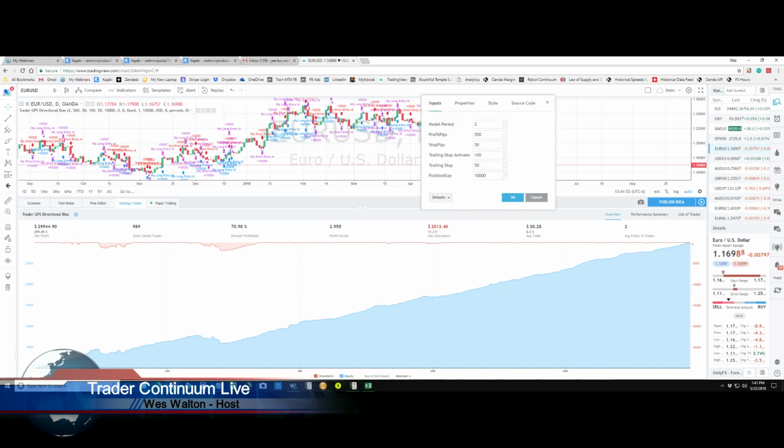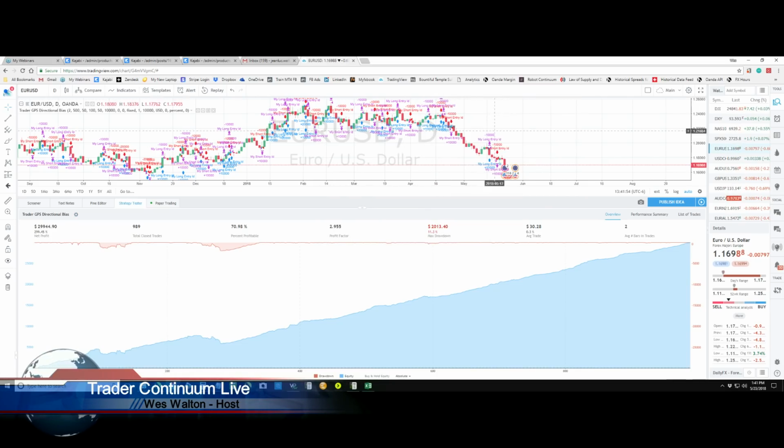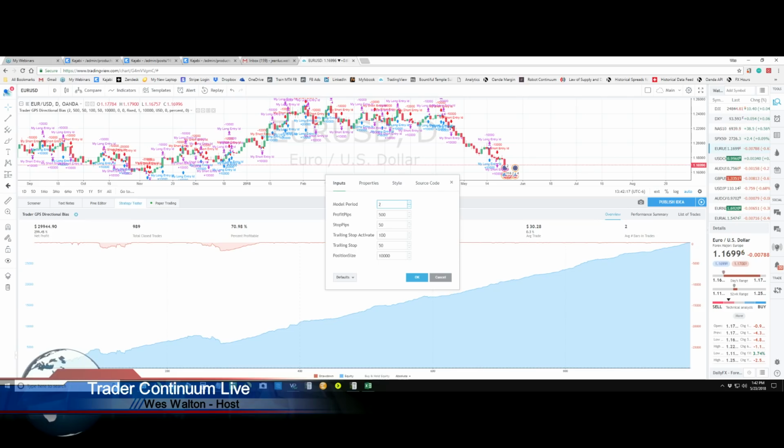Now, in a previous broadcast, we had talked a little bit about this, where I said that if you change one setting or two settings very minorly, and then all of a sudden your entire system starts to work way better, then that's not a very proper way of backtesting. Now, granted, this is over the past 16 years, but the fact still remains that I only changed one thing, the model period.